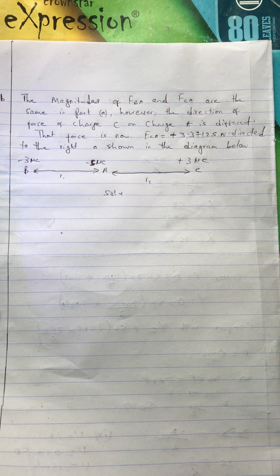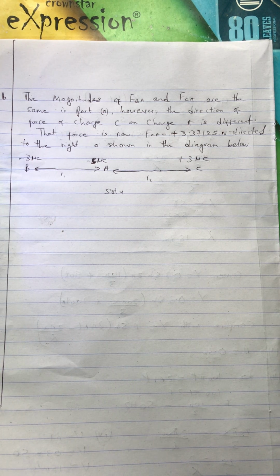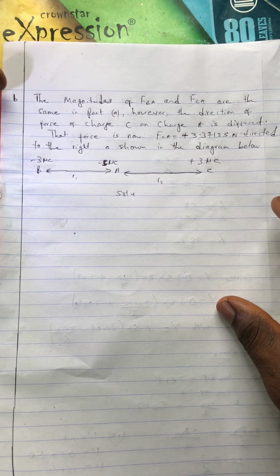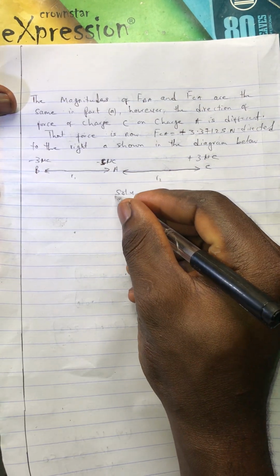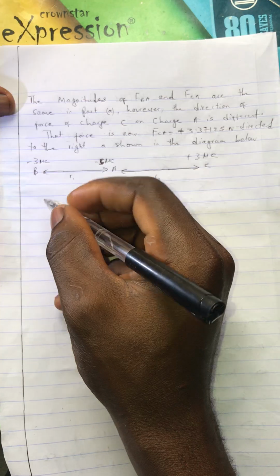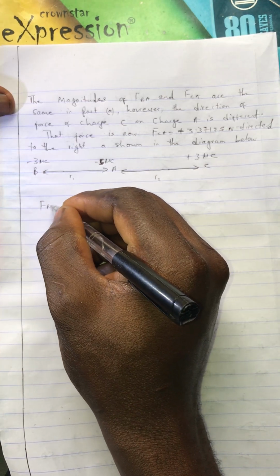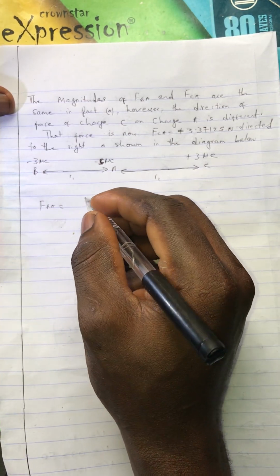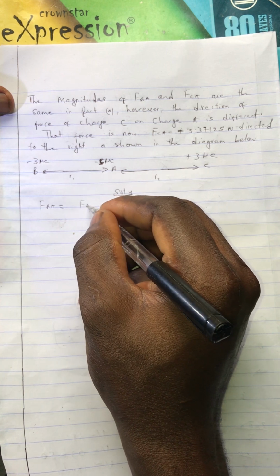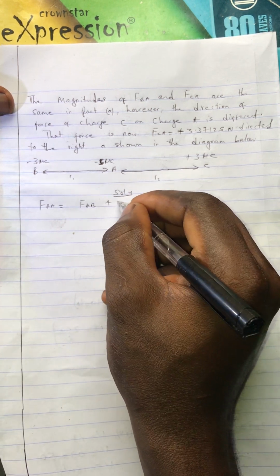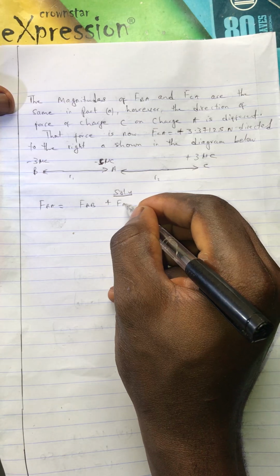And they're still telling us to find the net force on charge A. To find this net force, it will be F arrow A equals the force on AB plus the force on AC.